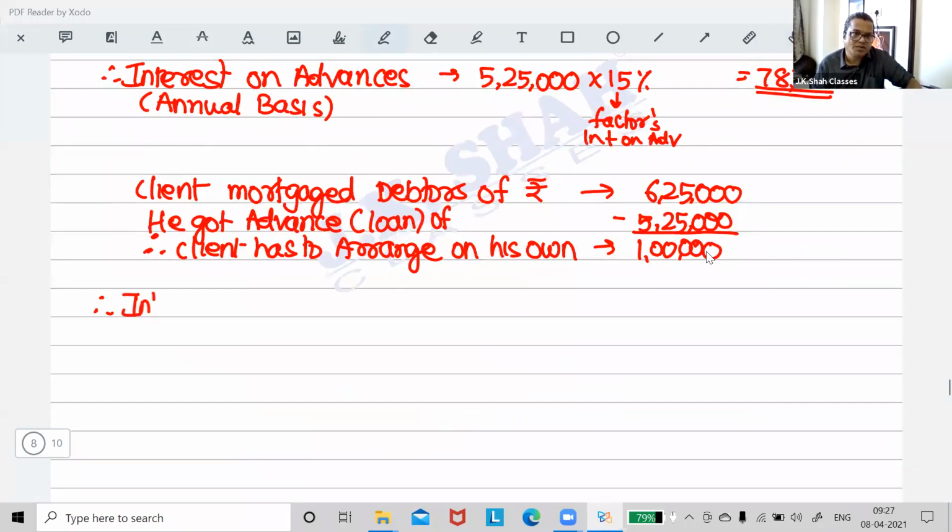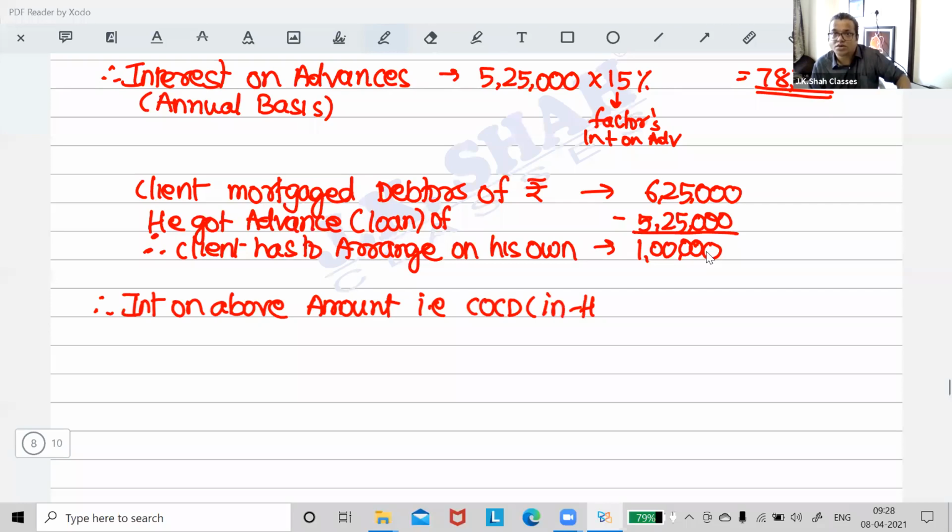Therefore, interest on above amount. That is COCD for in a house would be 1 lakh into 14%.